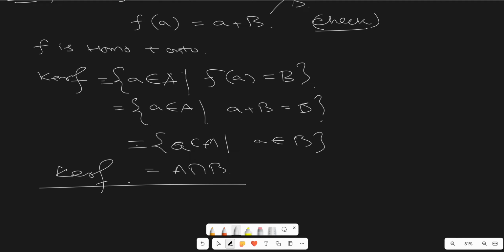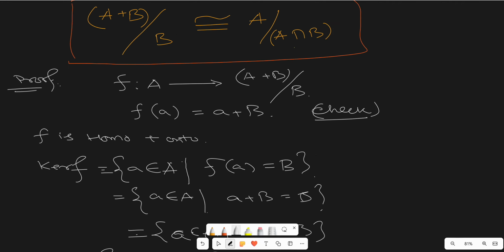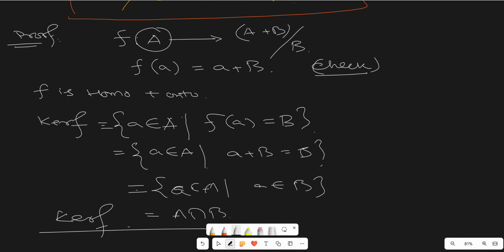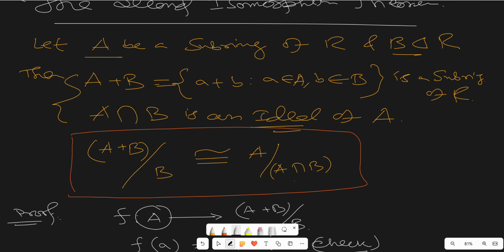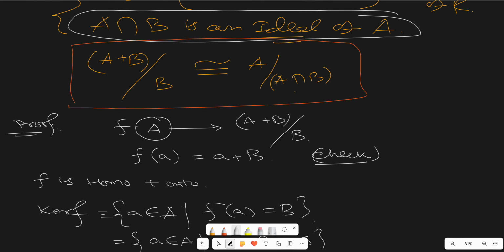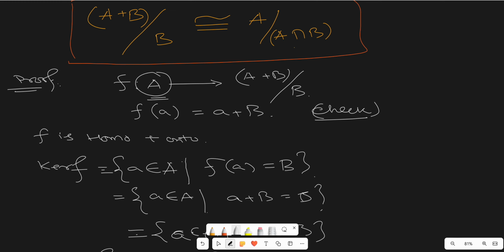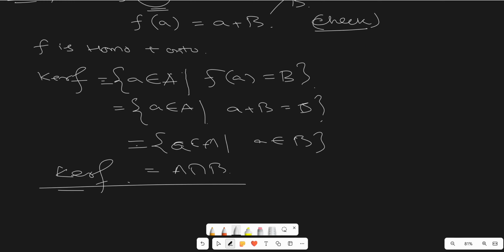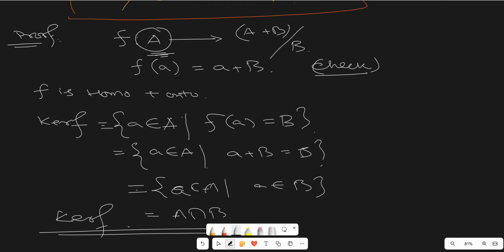So this kernel of F is an ideal of the domain ring A. This proves that A intersection B is an ideal of A, because the kernel is A intersection B. That's it, right? Are you getting my point?